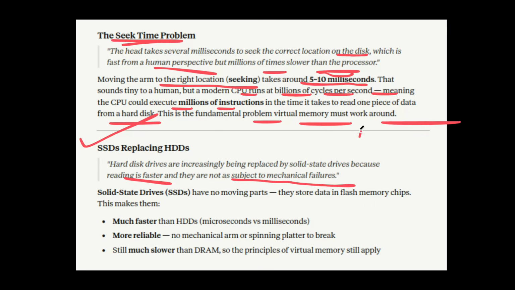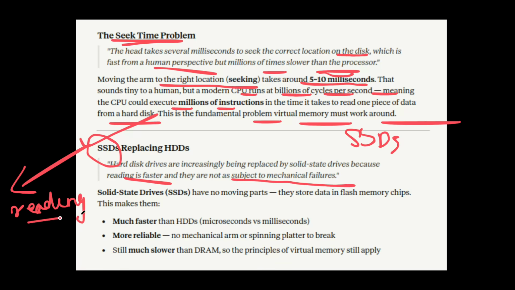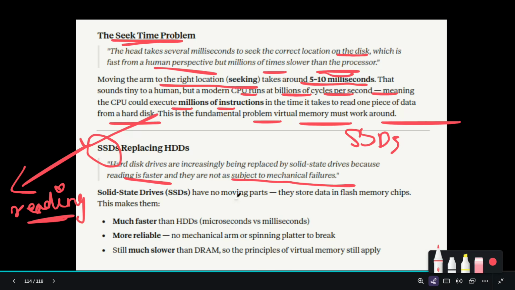So why are SSDs used in place of hard disk drives? Because with solid state drives, reading is faster. So solid state drives have no moving parts.